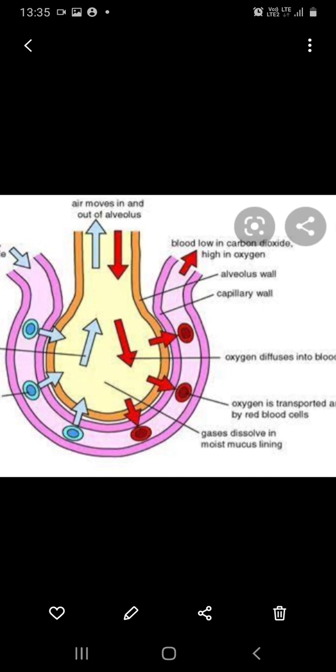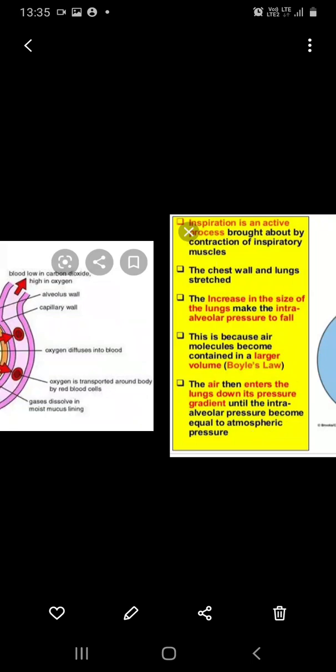When the capillary goes out of the alveolus, it is high in oxygen and low in carbon dioxide. The oxygen diffuses into the blood. The oxygen is picked up by the hemoglobin. The gases dissolve in the moist mucus lining.